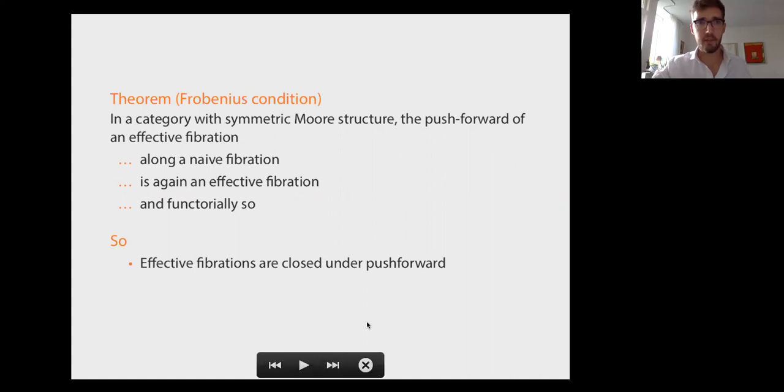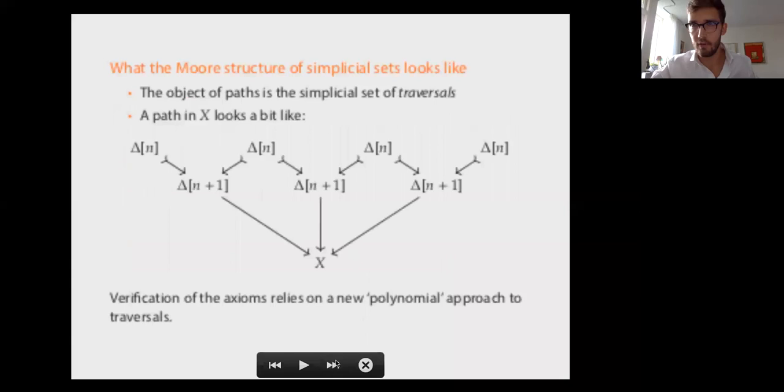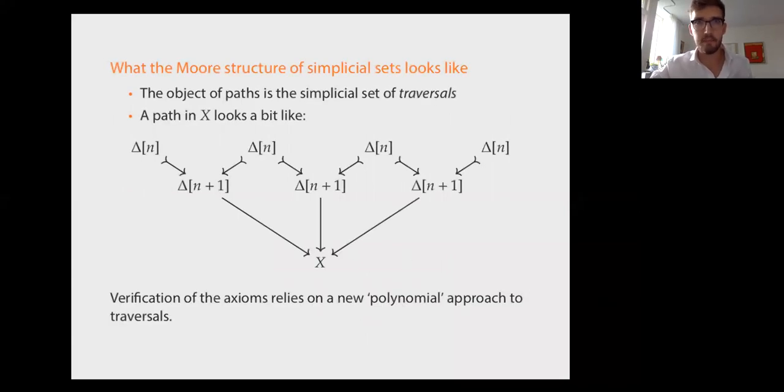Right. So let me briefly say, if I have some time, something about how this looks in simplicial sets. The Moore structure of simplicial sets looks a bit complicated. If anyone had wondered where in the proof of this pushforward all the combinatorics of simplicial sets has gone, it's in this Moore structure. So the object of paths is something called the simplicial set of traversals.